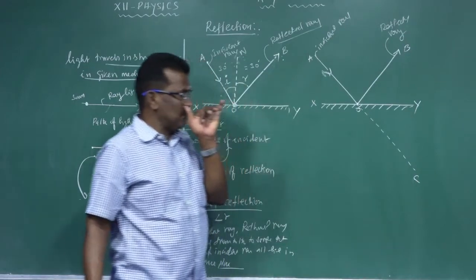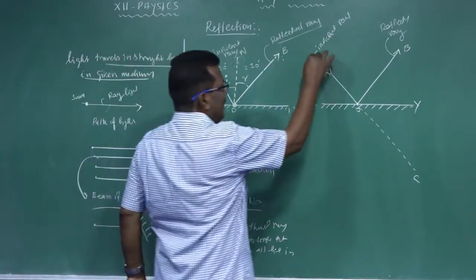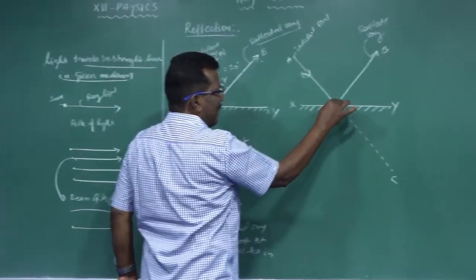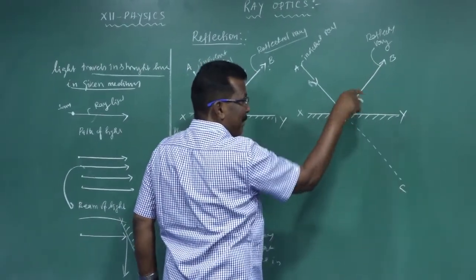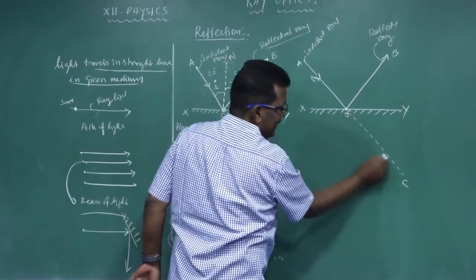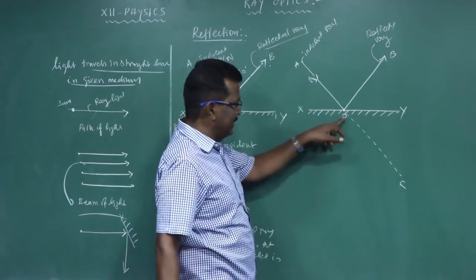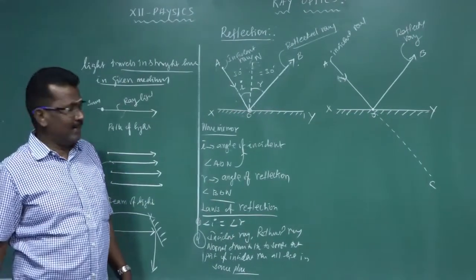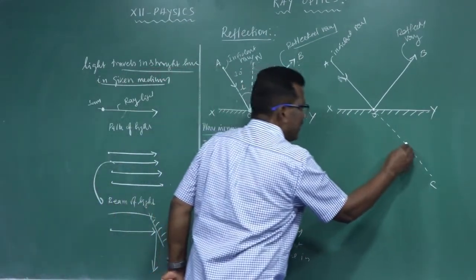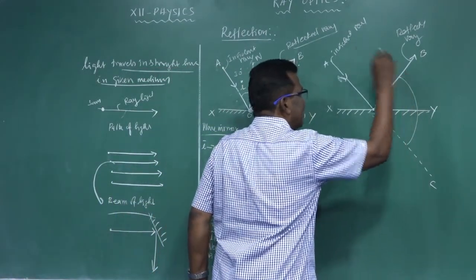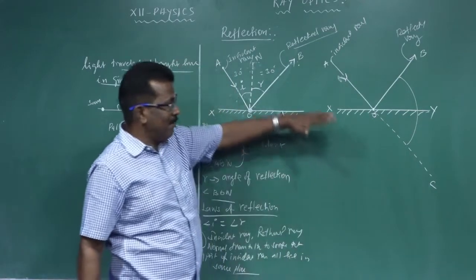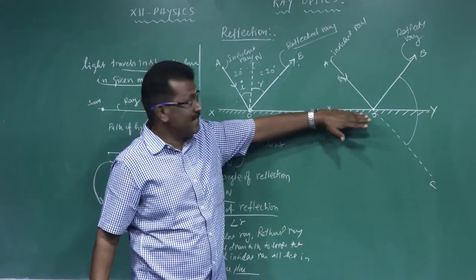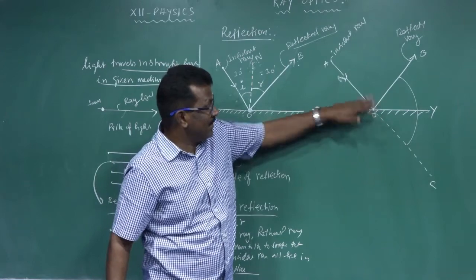The direction OC. If XY is not there, it would travel along OC. This much change occurs when the plane mirror is placed in the path of the light.